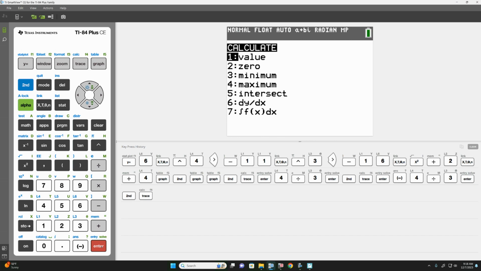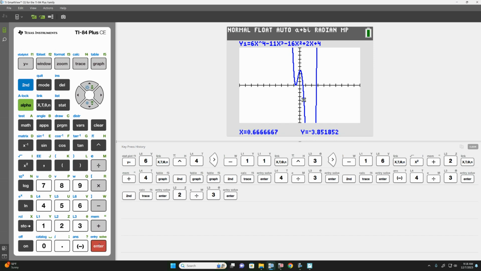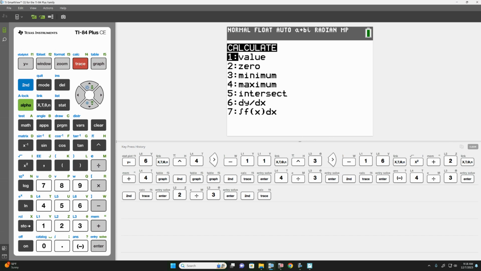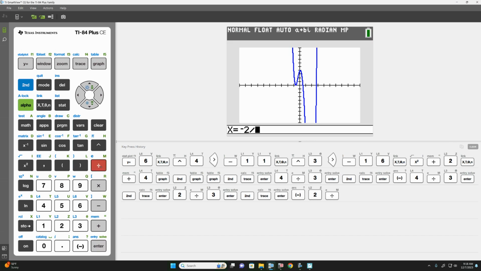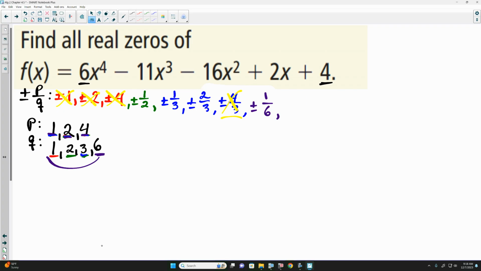Second trace value, 2 divided by 3. That's not it, but we also have what? -2/3. -2/3 works, so we know one of the solutions so far is x equals -2/3. We know positive 2/3 is done because it didn't work.